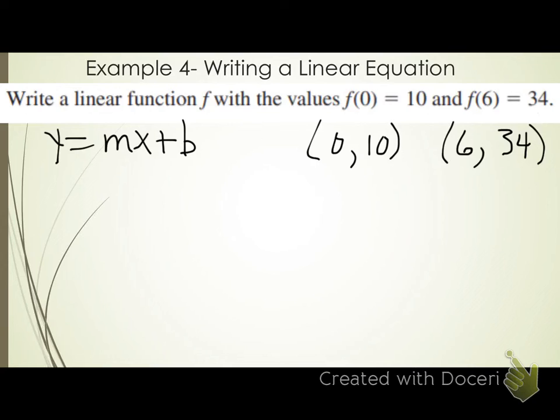What am I going to trade the y out for? f of x. That's what it's going to look like: f of x equals mx plus b, because it's wanting me to write a linear function f. So instead of writing a y, we write f of x.